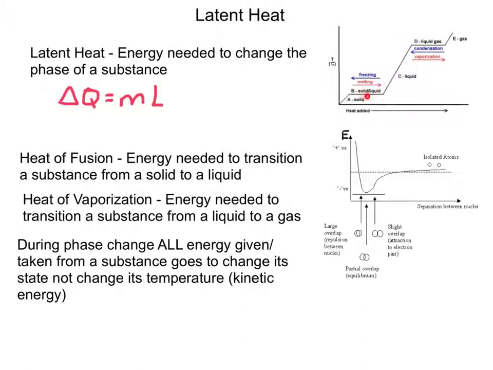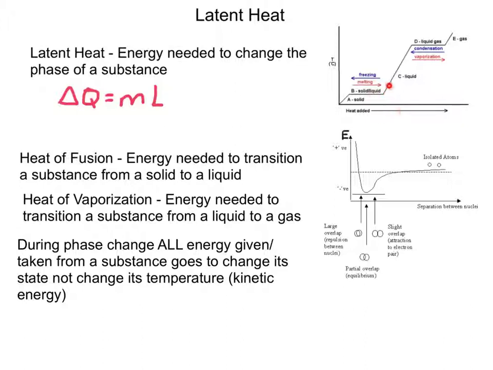So all the energy goes into breaking the bonds, and it won't actually start increasing in temperature, assuming that you're stirring it, right, so that you don't have pockets of warm and pockets of cold inside your mixture. It won't actually start increasing in temperature until all of the ice is melted, until every last bond is broken, and now we have just liquid water.